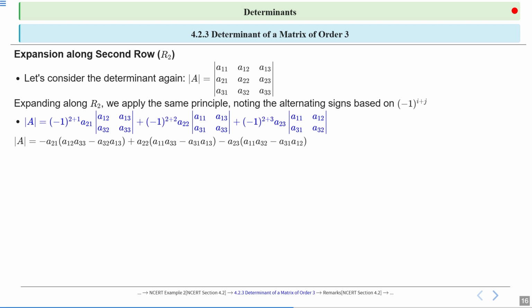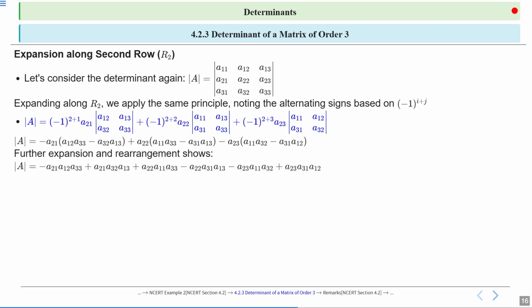Similarly for the second term, minus 1 to the power 2 plus 2 is plus, into A22 times (A11 A33 minus A31 A13). Then minus 1 to the power 2 plus 3, that is minus 1, into A23 times (A11 A32 minus A31 A12). Further expansion and rearrangement, we see the determinant of A is this.